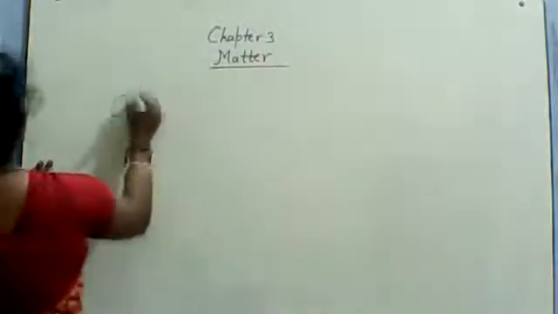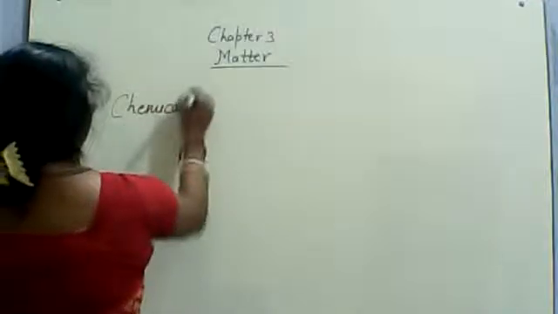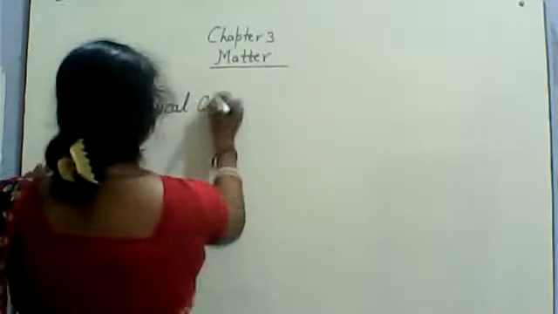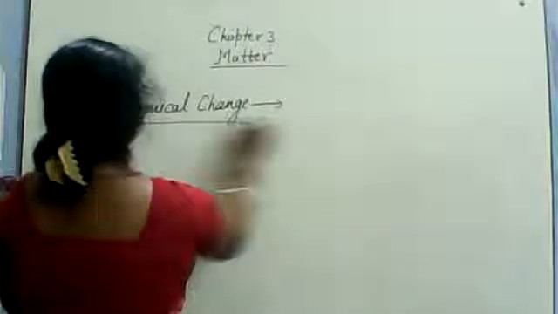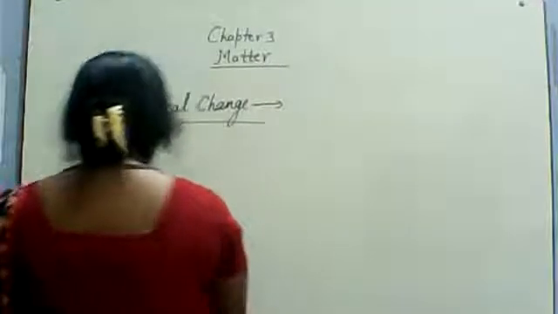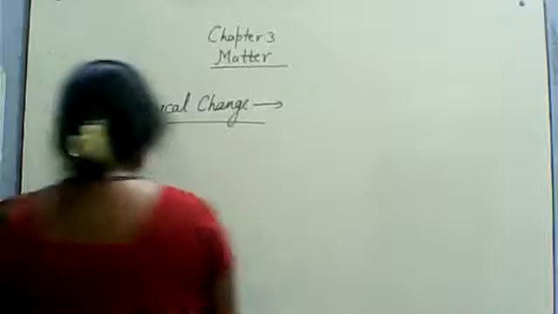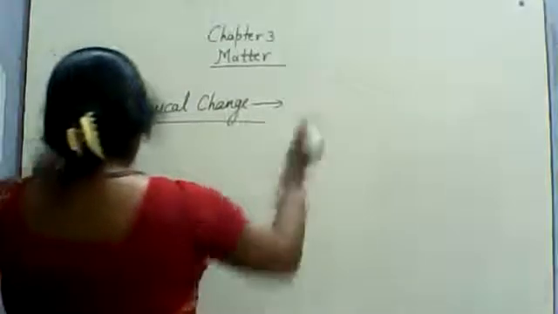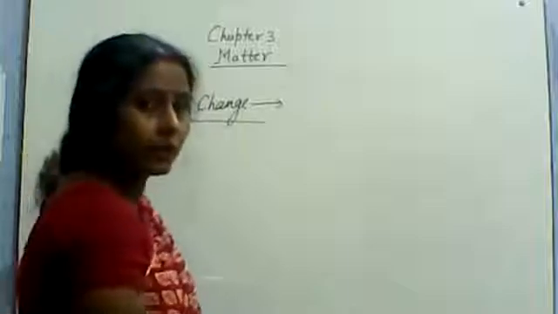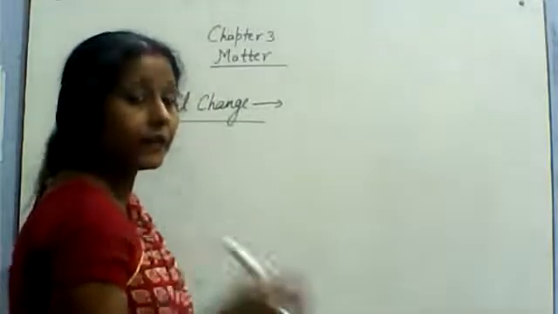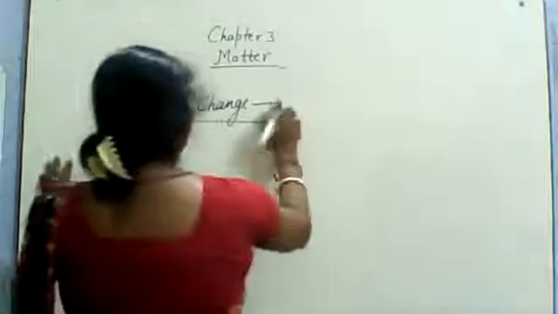Chemical change. Chemical change is what? When a new and different substance is formed. Okay, when a new and different substance is formed, and chemical change is permanent.